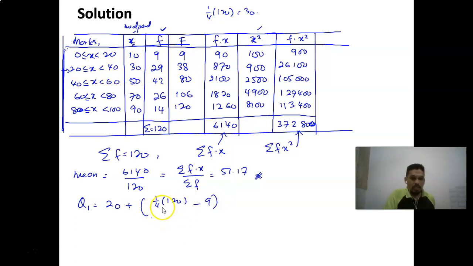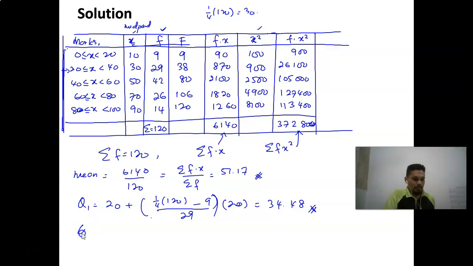Then divide by 29, the frequency of the first quartile class, and multiply with 20, the size of the class, 20 to 40, the difference is 20. It is equal to 34.48.